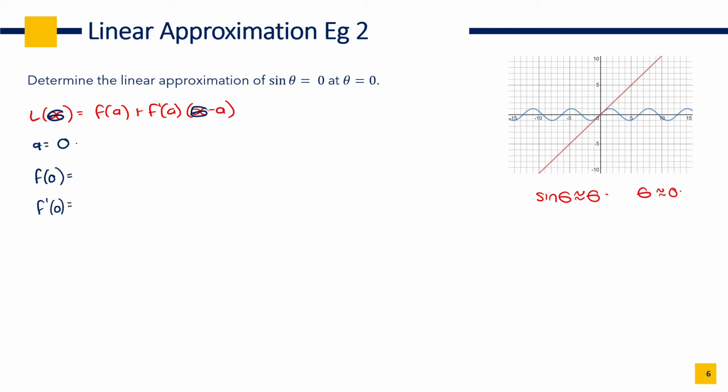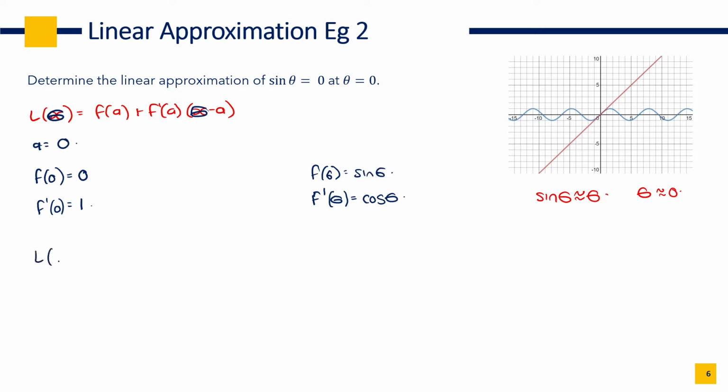So we first need f'. So f'(theta) is equal to, in this case, cos theta. Okay. And then cos 0 is just 0. Well, lies. Cos 0 is 1. Right? And your sine 0 is 0. Remember that your function f(theta) is equal to sine theta.